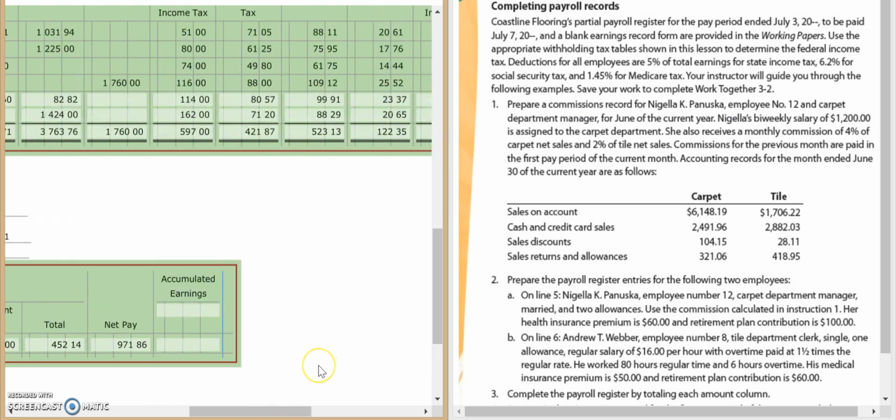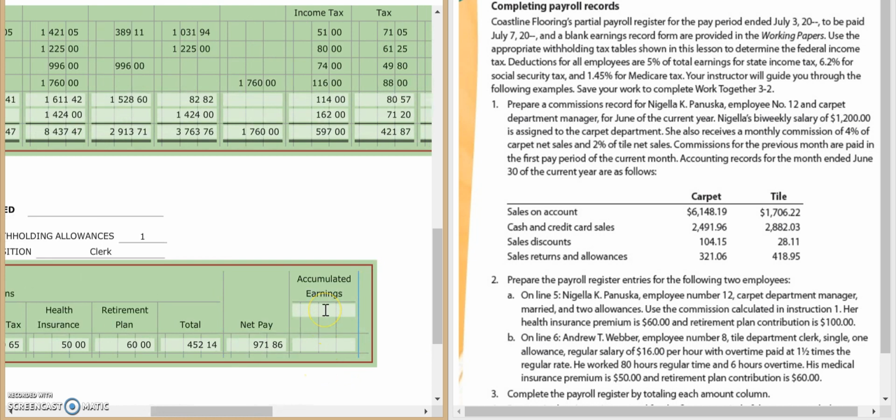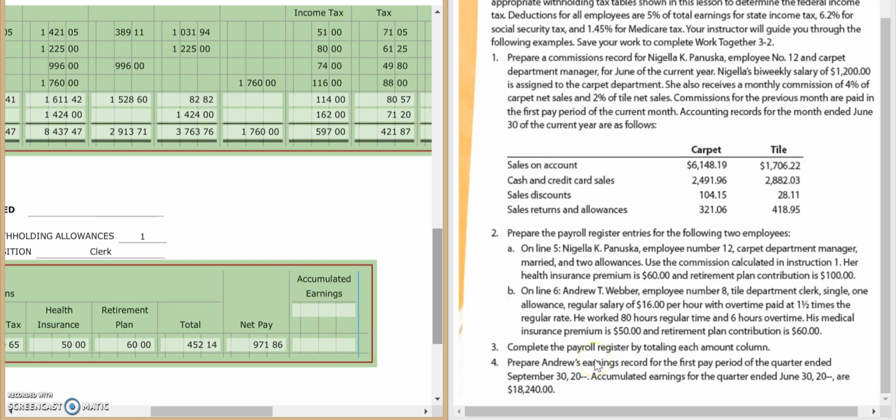Now the last part can be maybe the most tricky. So his accumulated earnings to date, if we look over here, were 18,240. So we plug in 18,240, and then we need to figure out what his new accumulated earnings are. And what we do is, and people forget this all the time, we're talking about earnings, not his net pay.